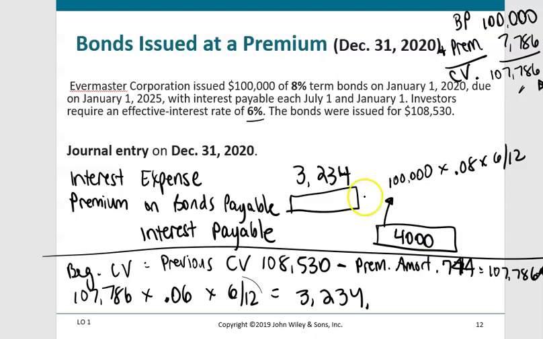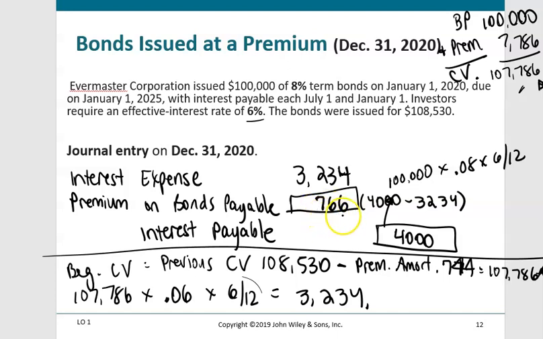So the premium on bonds payable is the difference between the interest payable, interest that will be paid out in cash tomorrow, and the amount of the interest expense. So we can see that the difference here is 766. We are reducing the premium on bonds payable by 766, which is also going to reduce the carrying value of the bonds.